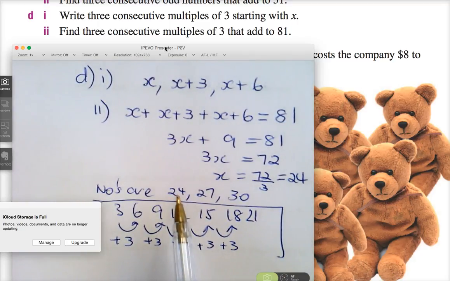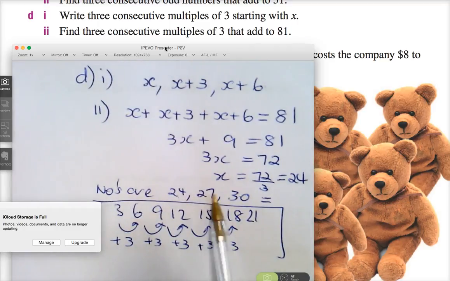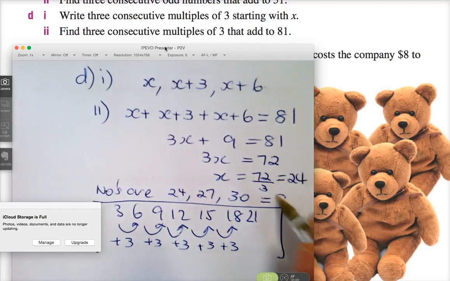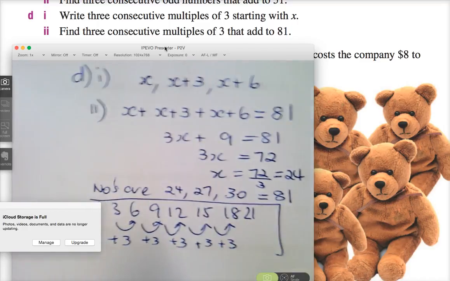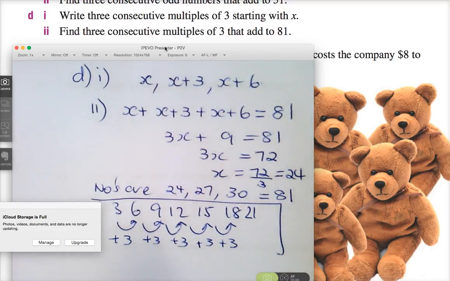So let's check. Do they add up to 81? Well, 4 and 7 are 11. They do, because if you add 24, 27 and 30, 7 and 4 makes 11.